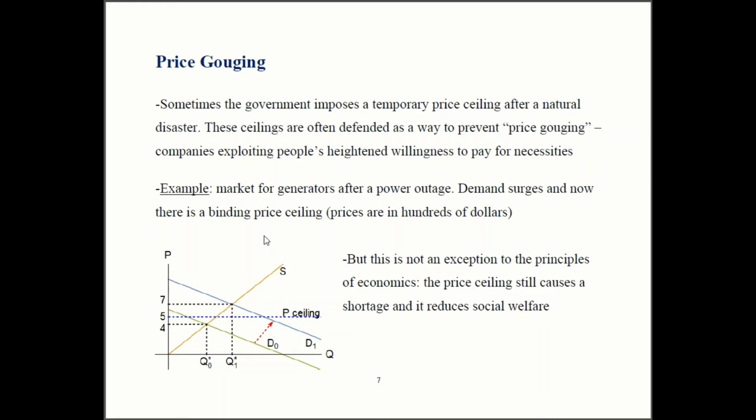So a natural disaster could cause a huge increase in price for necessities like generators. And people would be very upset if they're being exploited and having to pay way more money for a generator. They refer to that as price gouging, and the government takes action to try to limit that. Now, importantly though, natural disasters are not an exception to the laws of economics.